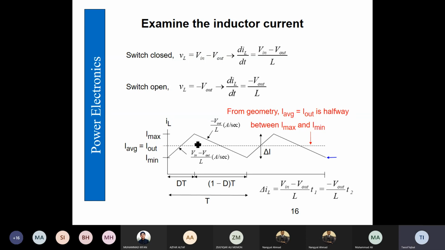So we have a smaller time for charging the inductor, and more time to discharge the inductor. And because the slopes are different for charging and discharging of the inductor, you can see we have different slopes over here. Both sides are not the same.